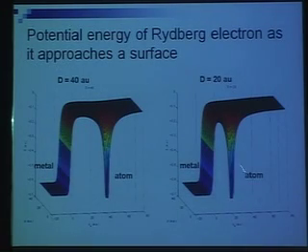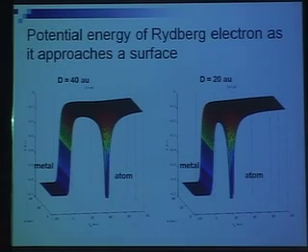If you look at the potential of the electron, here is the electron bound to the atom. Here it is in the metal. This is for 40 AU from the surface, this is for 20. As the atom gets closer to the surface, the barrier gets narrower, and eventually the electron can tunnel out.